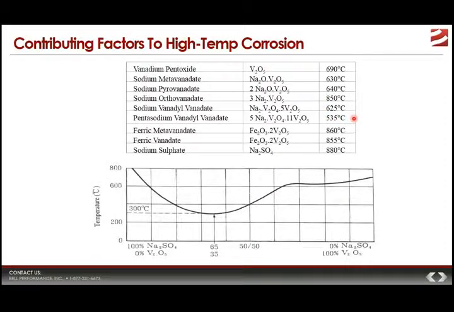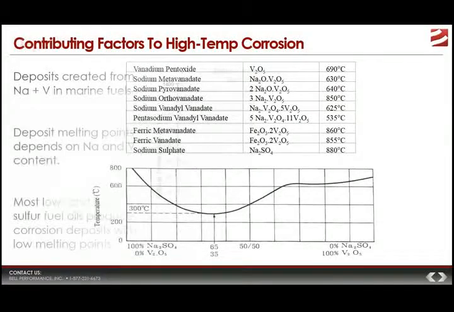And I think you can guess that it's going to be this one, or these two only have melting points in the low 600s. So some of these are going to exist perpetually in liquid form, the ones with the lowest melting points. The melting points matter because they influence the physical characteristics, and how corrosive the deposits are.